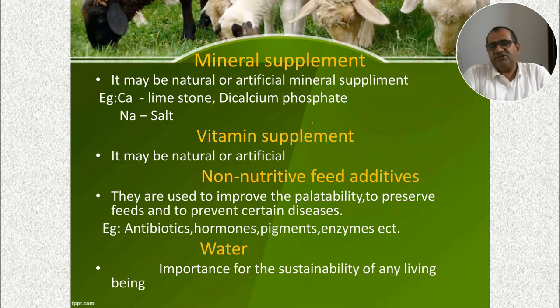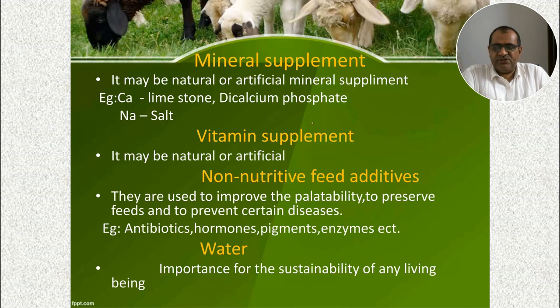Calcium is supplemented in the form of limestone, and sodium is supplemented from salt along with chloride. These should be very cheap sources of minerals. Apart from this, many trace minerals like copper, cobalt, ferrum and more also need to be added to the cattle feed.